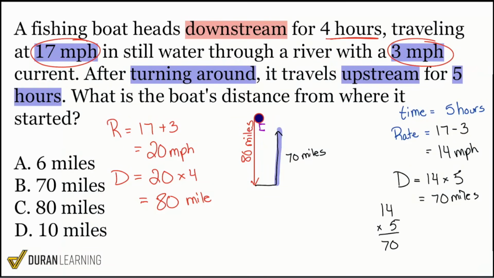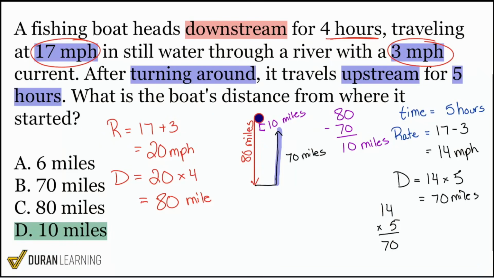Yeah, we're going to subtract and we're going to get 10. Because if we go downstream 80 miles and we come back upstream 70, we end up 10 miles from where we began. And that's why the correct answer, again, reading the question is important. The correct answer here is answer choice D.